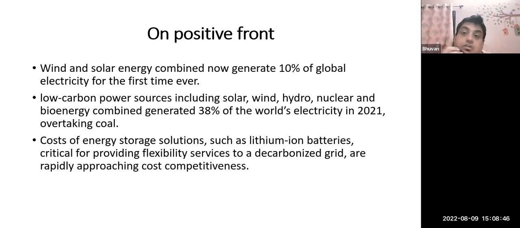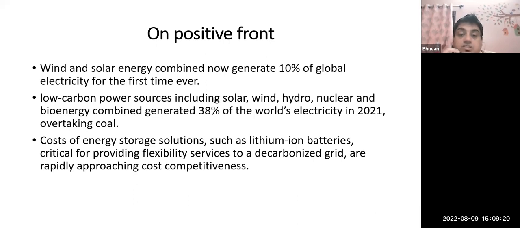And low carbon power sources are being popularized, which include solar energy, wind energy, hydro energy, nuclear, and bioenergy, and they contributed towards 38% of the world's electricity in 2021.